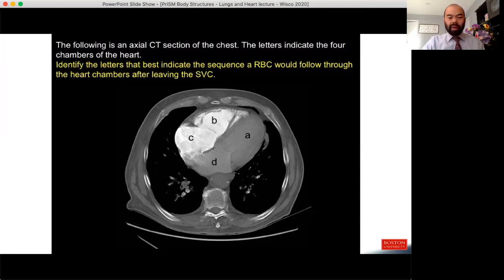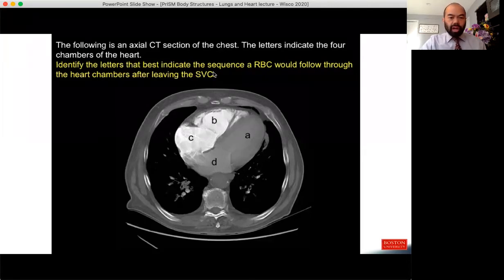One of the things to keep in mind is that in radiological convention, and this is a CT scan, the left side of the image, located here where my pointer is, is the right side of the body. And the right side of the image is the left side of the body. The top part of the image is the anterior part of the body, and the bottom part of the image is the posterior part of the body.